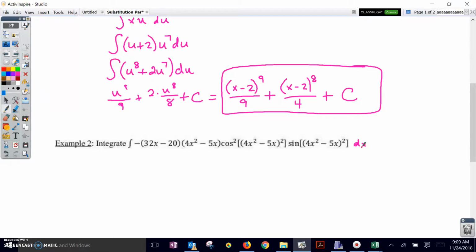So, golly, I'd like to make a substitution here. The most complicated function that I have here is this cosine squared of 4x squared minus 5x to the 2nd.